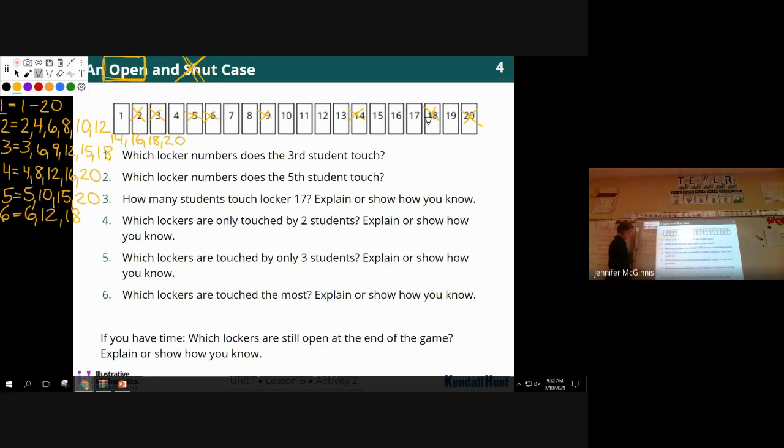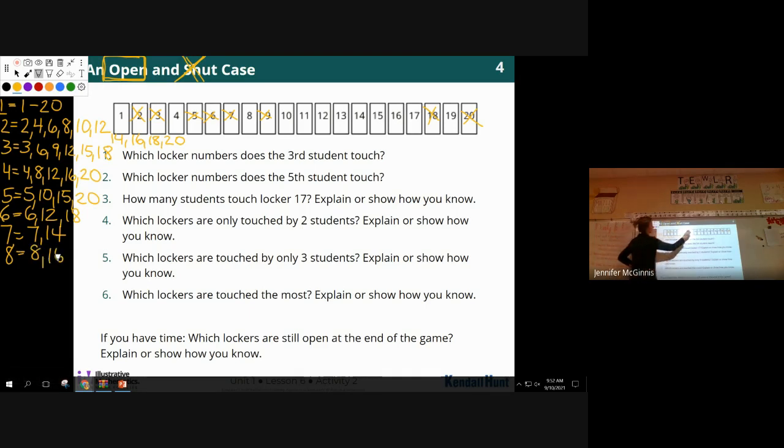Okay. 7. 7, 14. 7 is closed. Okay, number 8. 8 and 16. 8 is closed.